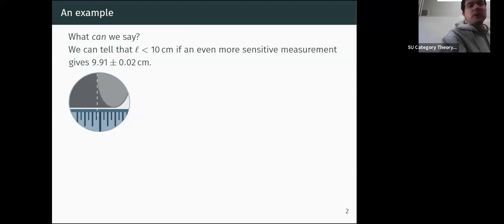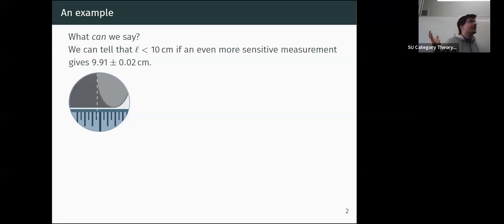Okay, then we know that even though we have some error, we do know that it's strictly less than 10 centimeters. And it's always possible to find some sensitivity such that you can show this, because if the length is less than 10 centimeters, it's less by some epsilon, and then you just do a measurement that is precise up to, say, epsilon over 2, and then you will be able to tell that it is strictly less than 10 centimeters.